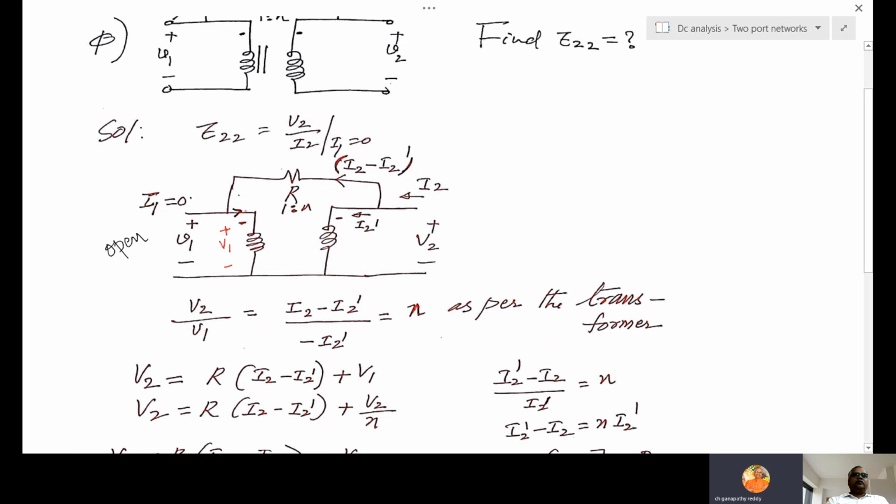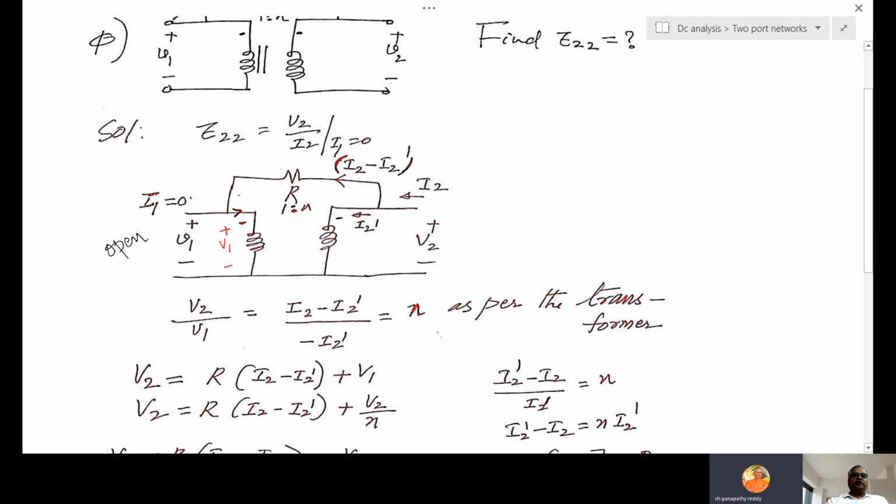Now what is the current here? I2. Now what is going through the transformer is I2 prime. I am assuming I2 prime. Then the current in this will be obviously I2 minus I2 prime. So I2 minus I2 prime is entering here. The same current is entering here. So what is entering here we know.